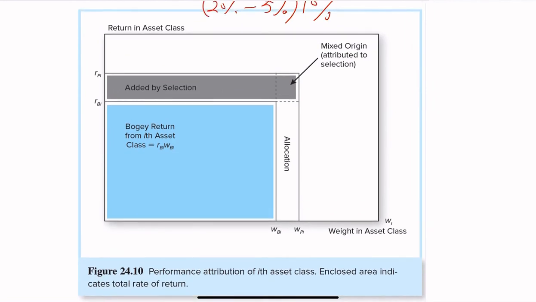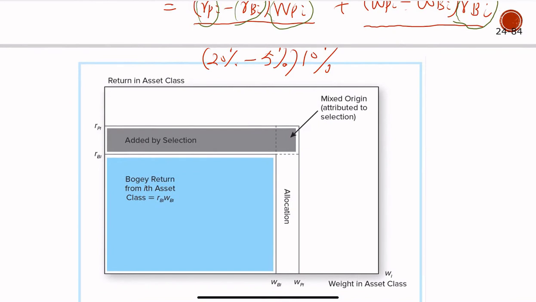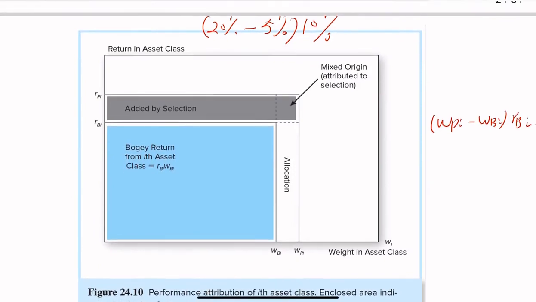The reason is because asset allocation, right, is equal to WPI minus WBI times RBI, right? So you can see that this is basically RBI, and this is WPI minus WBI. So you can see that this area measures allocation.